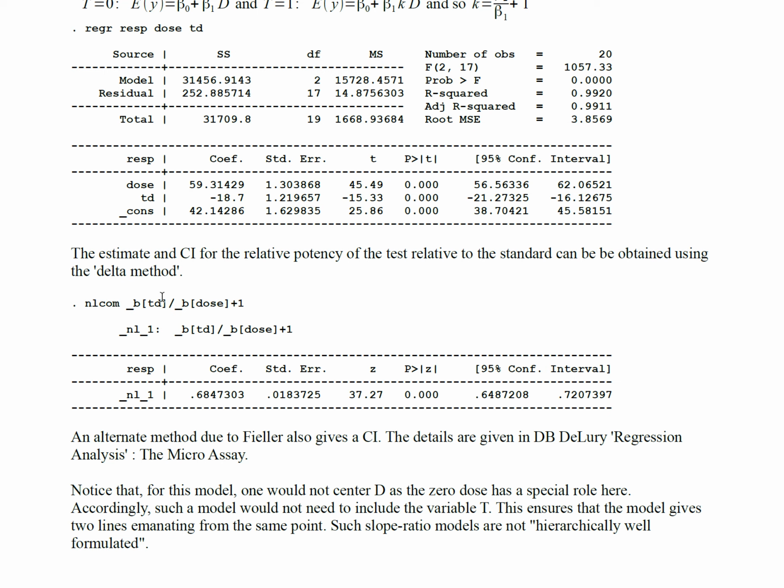And this is something we haven't seen before. This method that nlcom uses is called the delta method. And those of you in the biostatistics world might want to look up the delta method and see exactly how that works in this particular context. There is, by the way, another method widely called the Fieller method that is typically very close to the delta method.